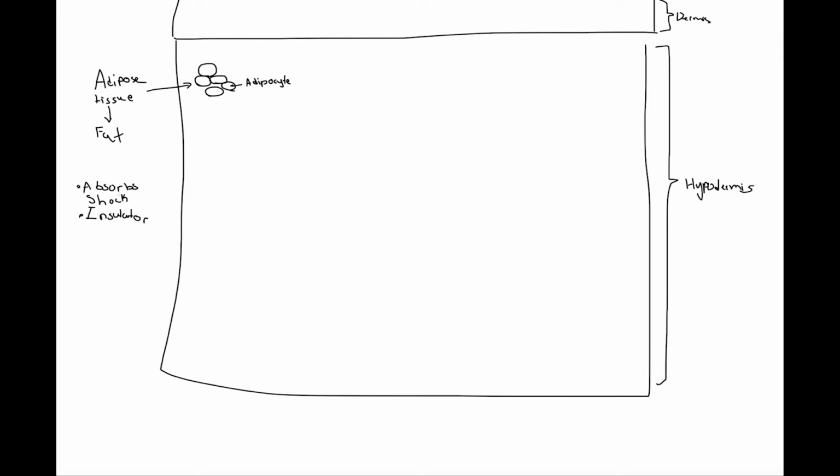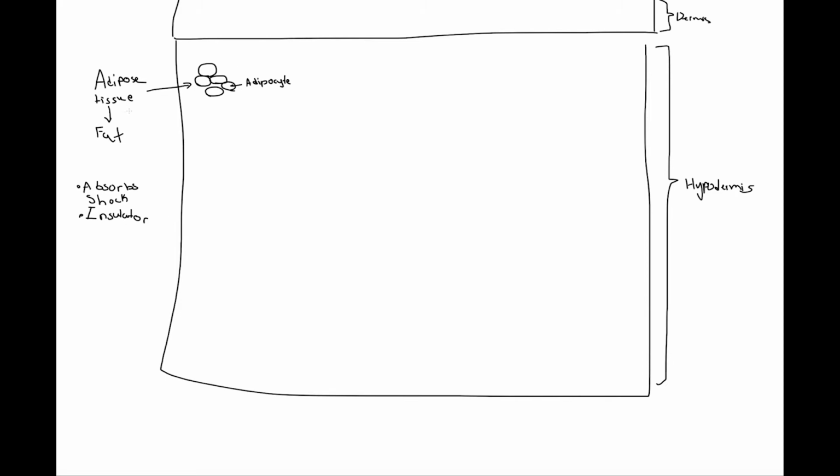So you can imagine these would both be useful. So absorbing shock would be important if you were ever subject to some form of force. And an insulator is useful for varying temperatures that your body might not do well in.